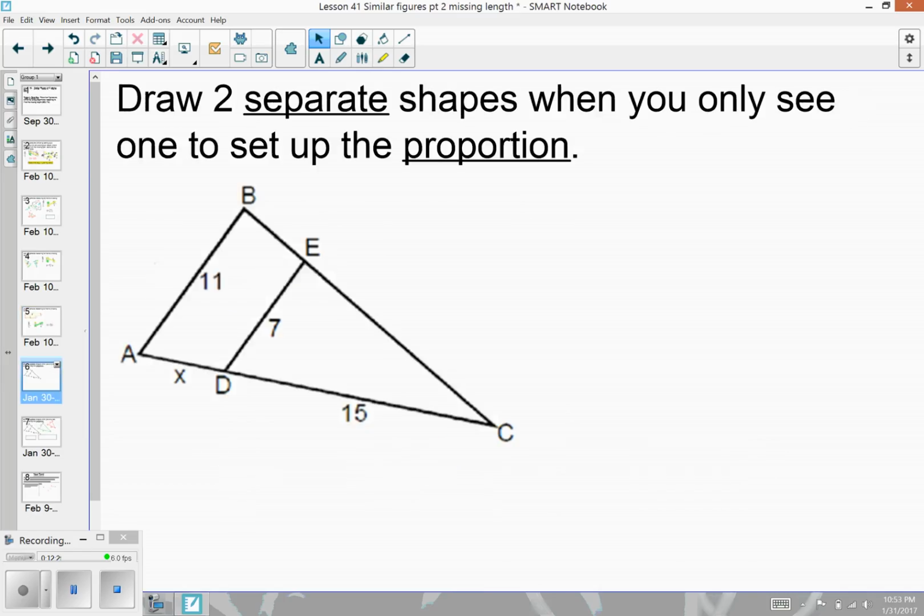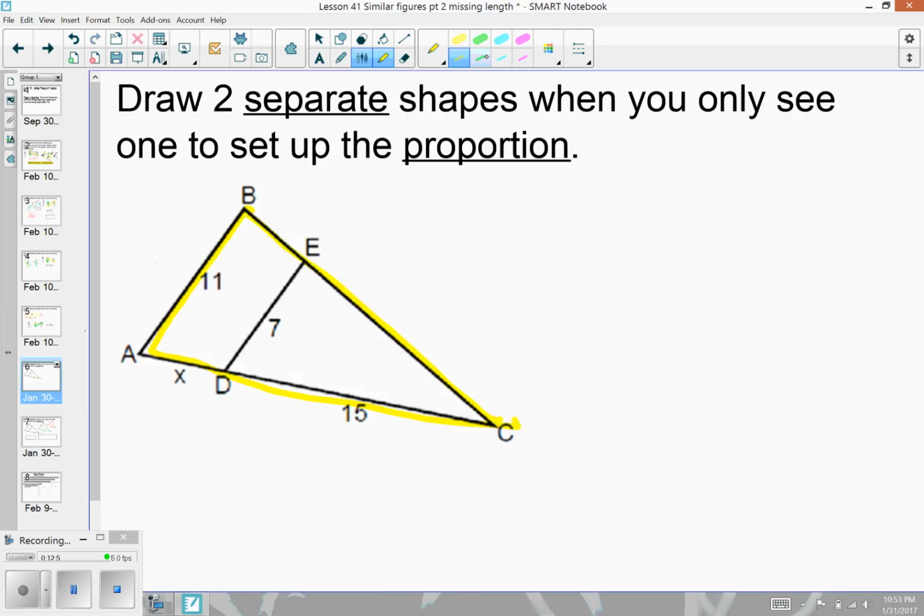We have this one. It kind of looks like a slice of pizza. And believe it or not, there are two shapes here, and we're hoping to see that they're similar to each other. So in this case, we have a large triangle. I'm going to trace over that large triangle.